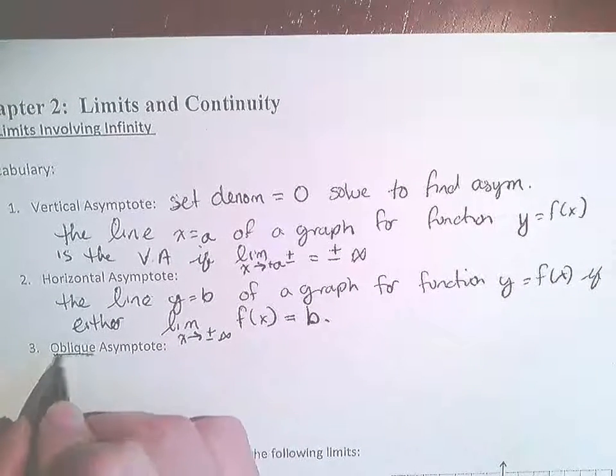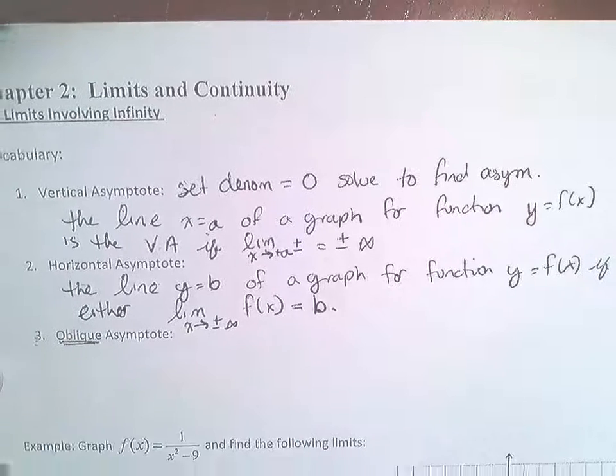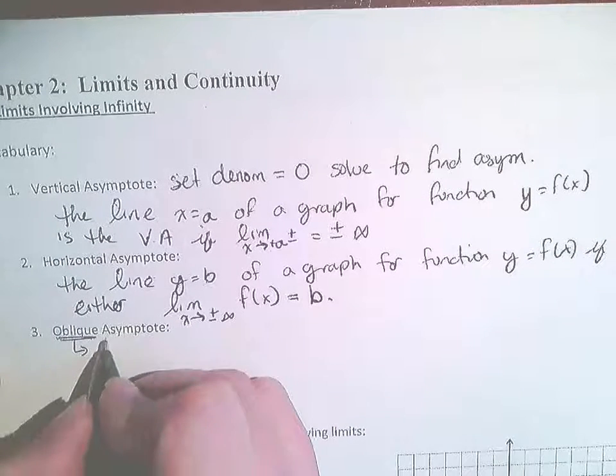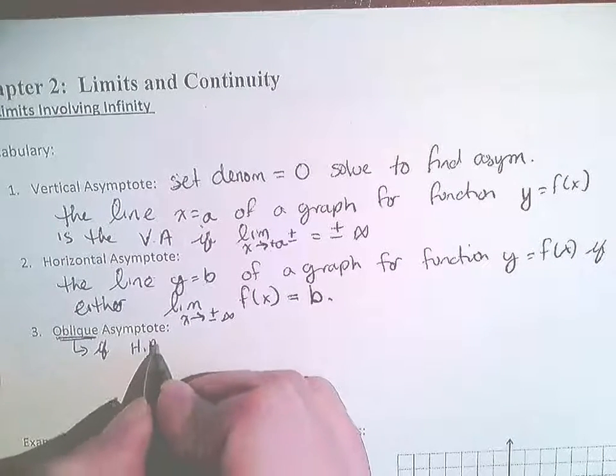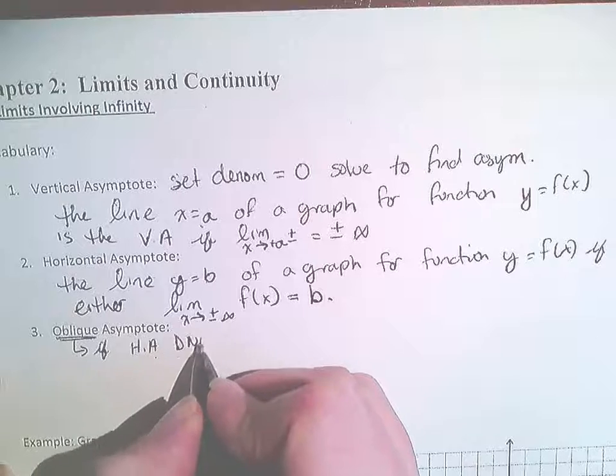Now we have an oblique asymptote, aka the slant asymptote, if the horizontal asymptote does not exist.